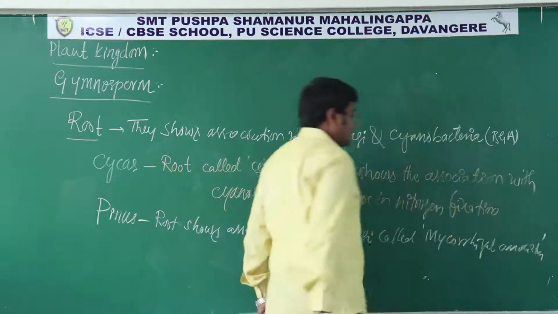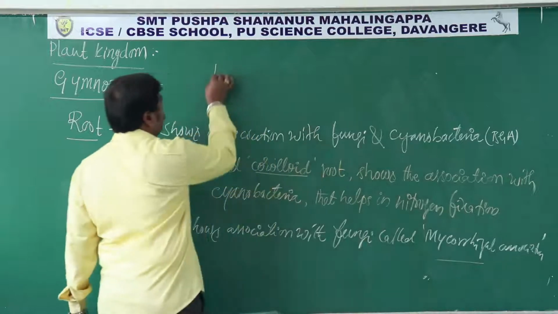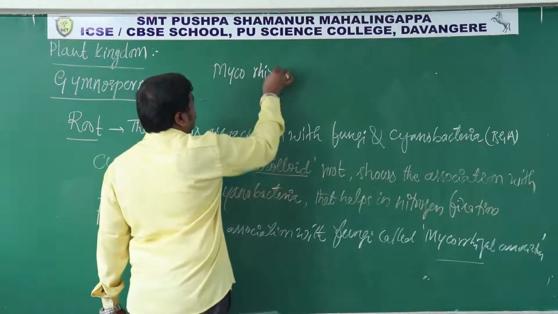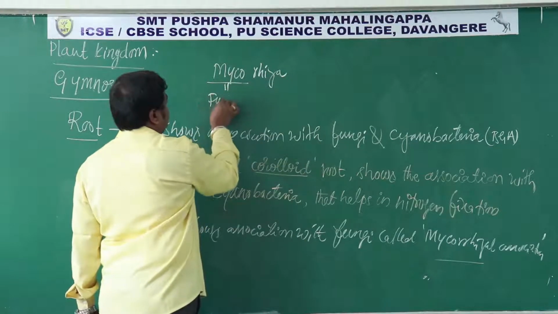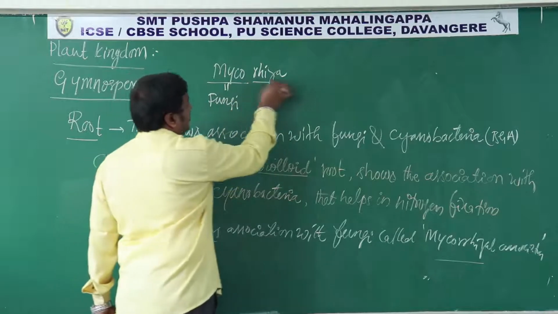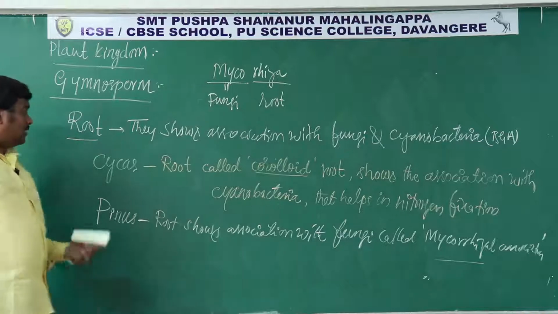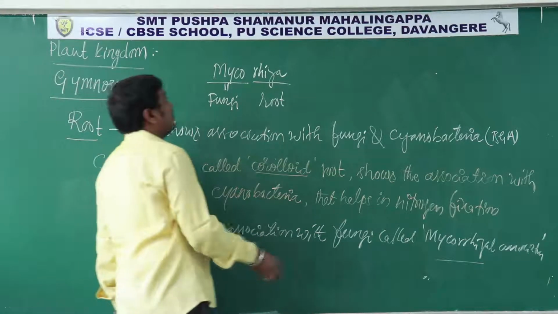Okay, we call this mycorrhizal association. See the term mycorrhiza, it has two terms, myco and rhiza. Here myco refers to fungi, rhiza refers to root. Okay, so not only in gymnosperms, even many angiosperms also show this mycorrhizal association.